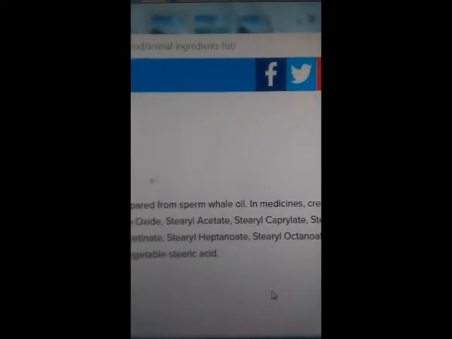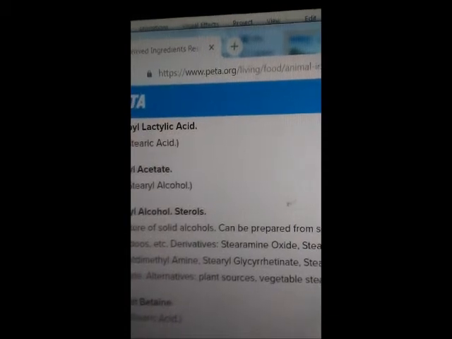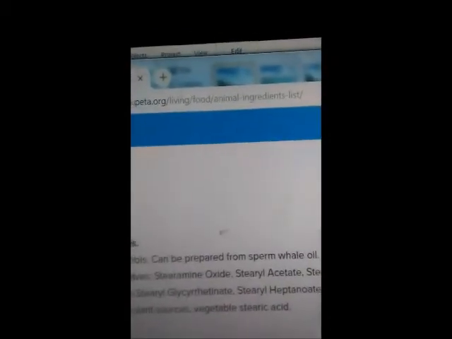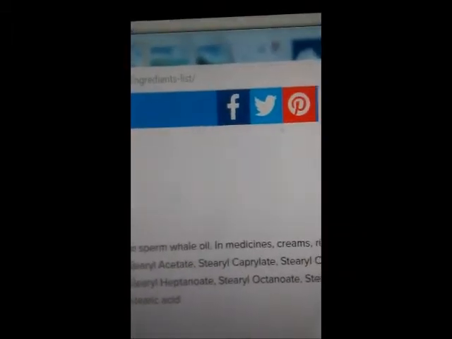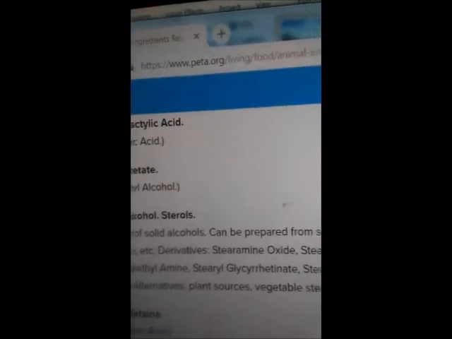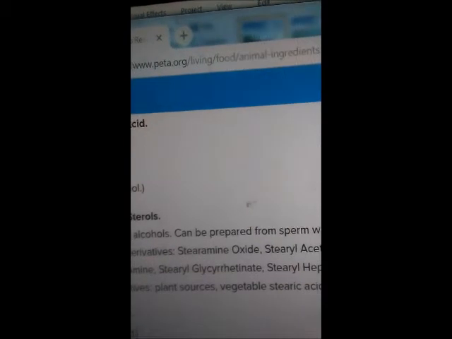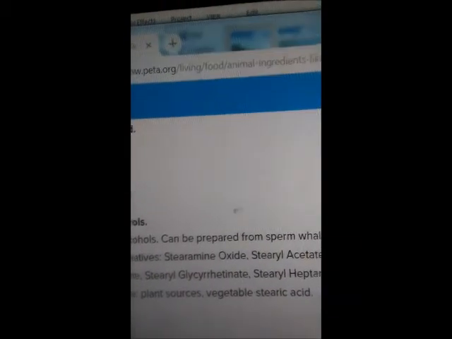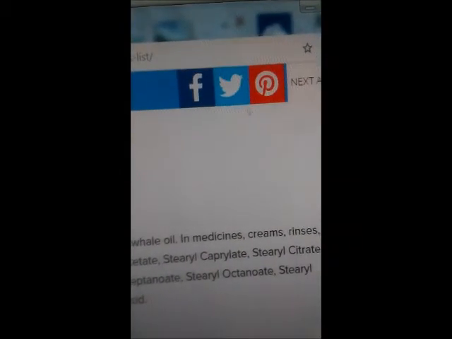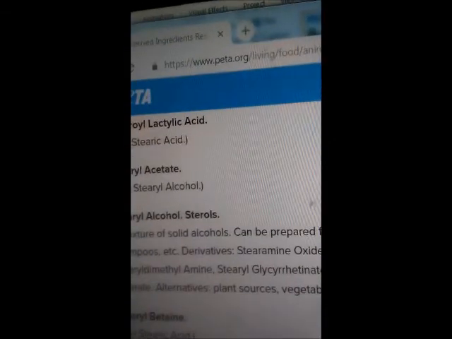Whew, that's a lot. So, yeah, you got the stearyl alcohol, a mixture of solid alcohols that can be prepared from sperm whale oil, in medicines, creams, rinses, shampoos, etc. Derivatives are stearamine oxide, stearyl acetate, stearyl caprylate, stearyl citrate, stearyl dimethyl amine, stearyl glycyrrhetinate, stearyl heptanoate, stearyl octanoate, stearyl stearate.